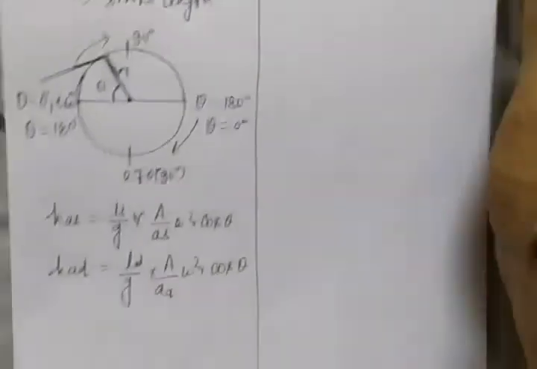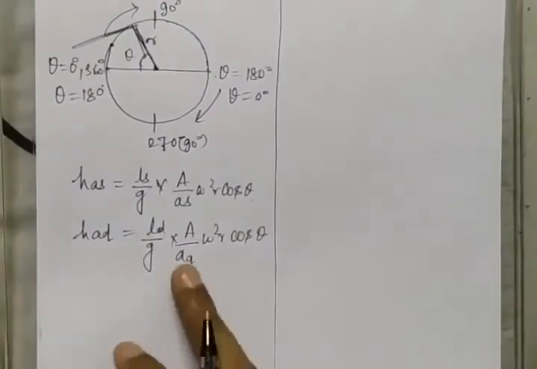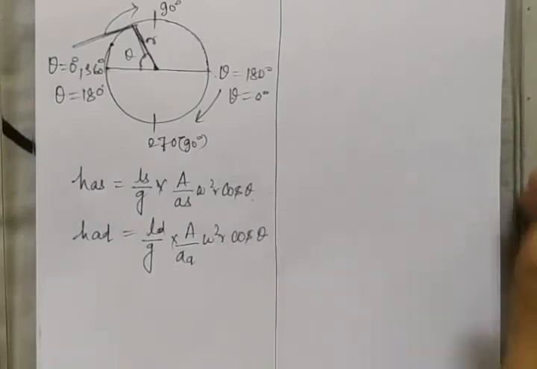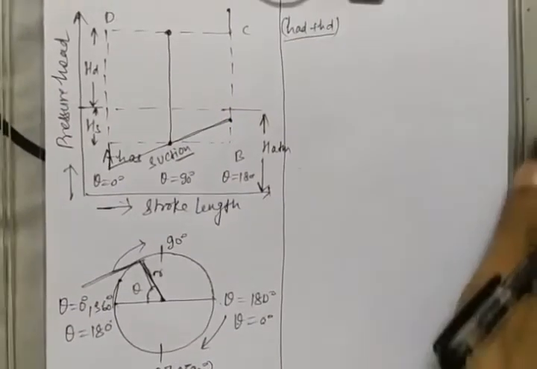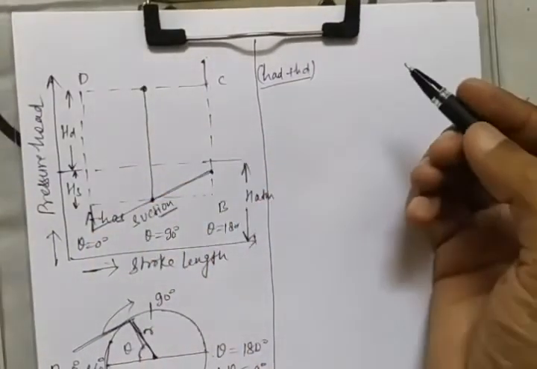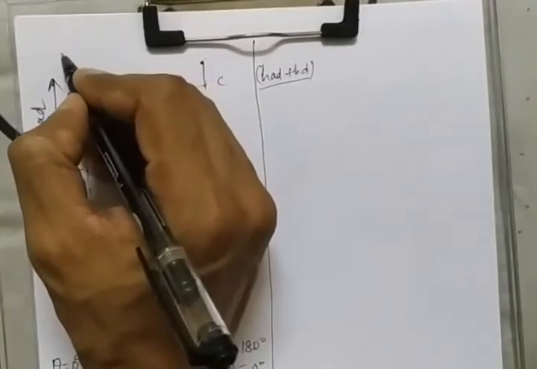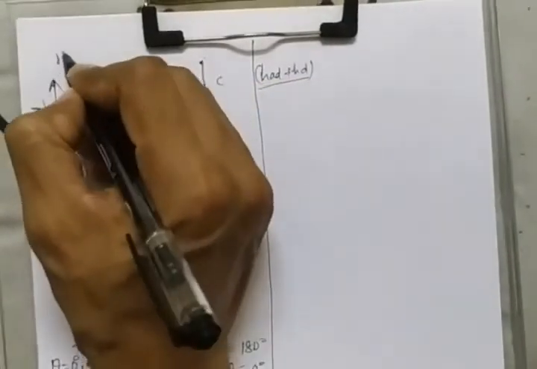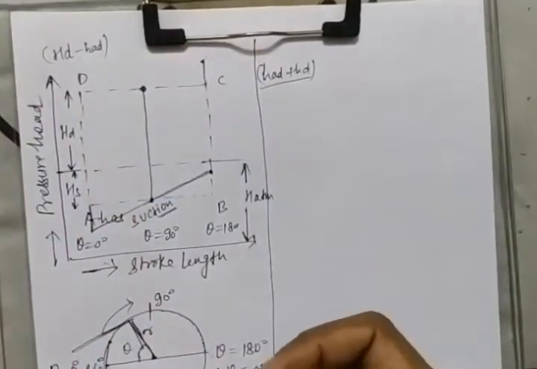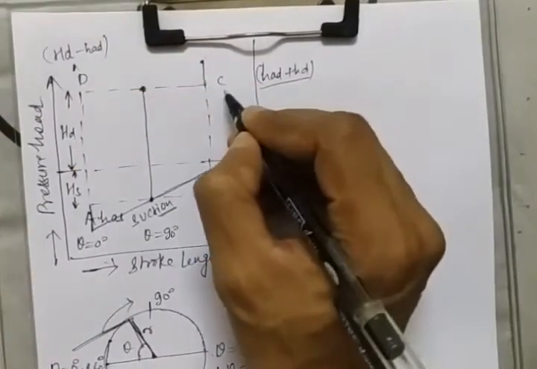Now after that, when you take theta is equal to 180 degree, then cos 180 will become negative. I mean that this value will decrease. I mean that delivery head will decrease by HAD. It means that at this position, what value do we have? HD minus HAD. This will be the value at this place.